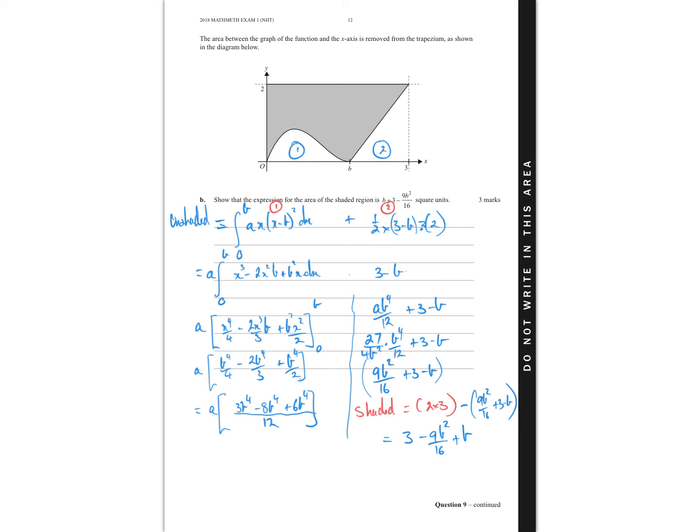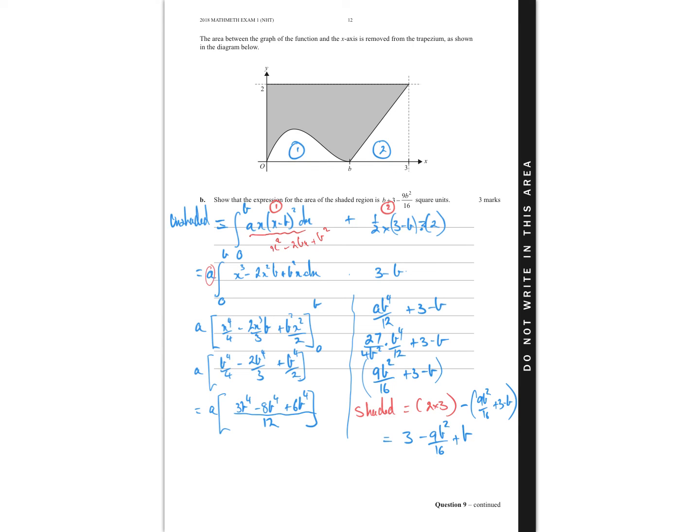The area between the graph of the function and the x-axis is removed from the trapezium as shown. So show the expression for the area of the shaded region. I'm going to work out the unshaded areas. So area 1, you can see there. Expand that bracket, x squared minus 2bx plus b squared, and then multiply by ax.